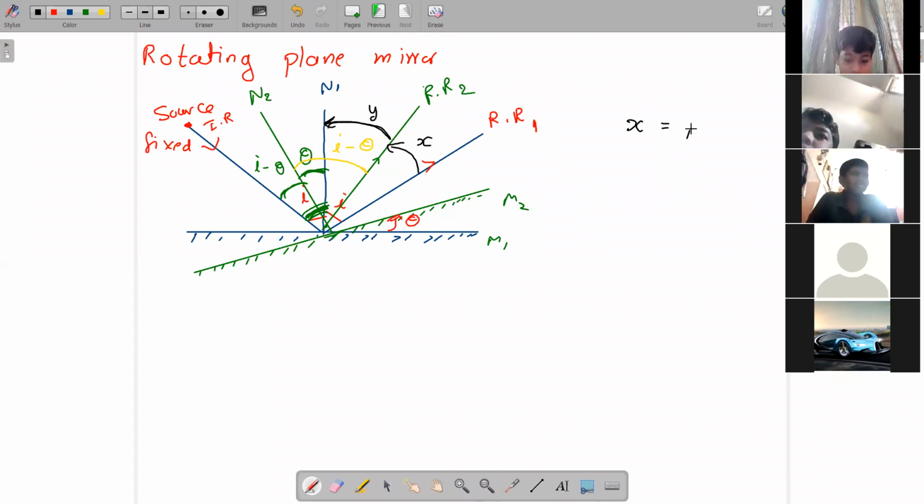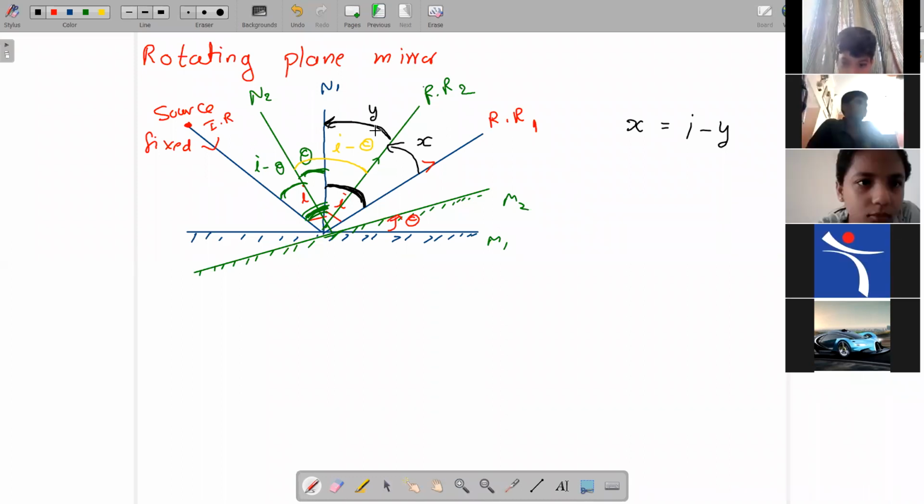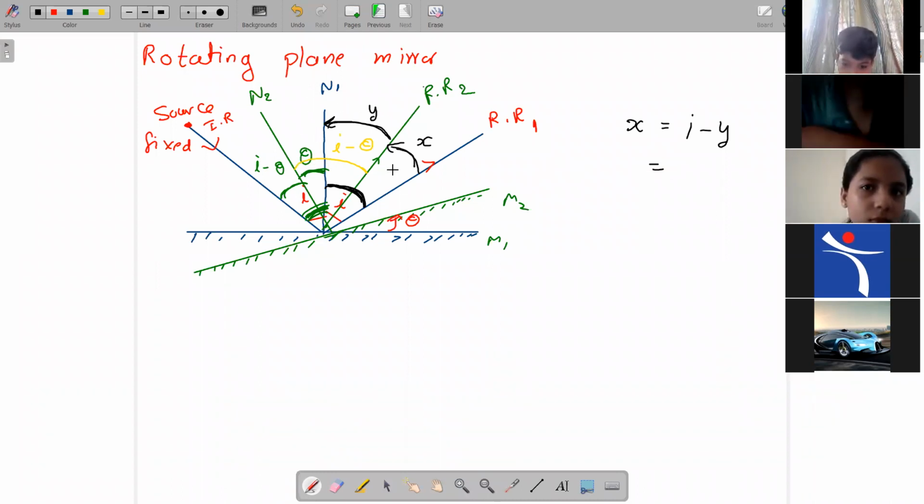So X is equal to I minus Y. Why did I write I minus Y? I means, children, from the first normal to the reflected ray, that is the I value. In that total I, if you remove Y, then you will get X. So X equals I minus Y. But we need to calculate Y also. Y we don't know, right?